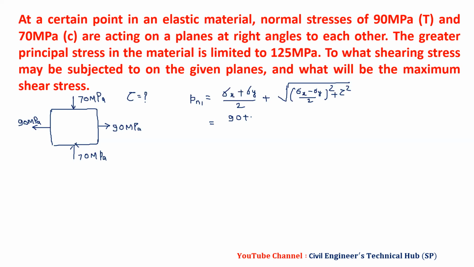Now this you can see is compression, so it will be minus 70, by 2, plus root of ((90 plus 70)/2) whole square plus tau square. And this value is given 125.